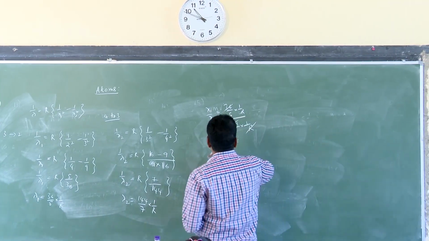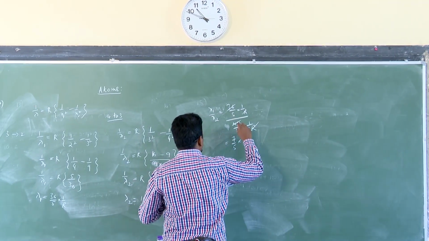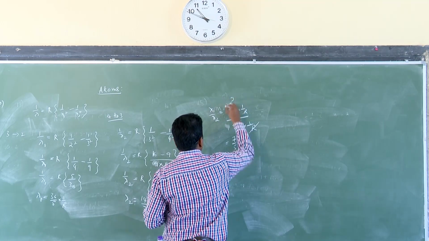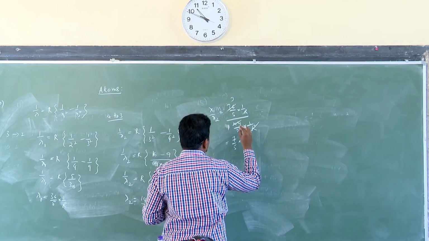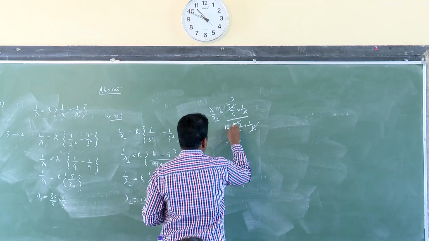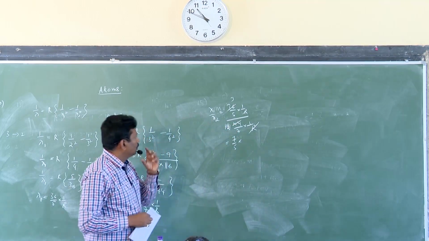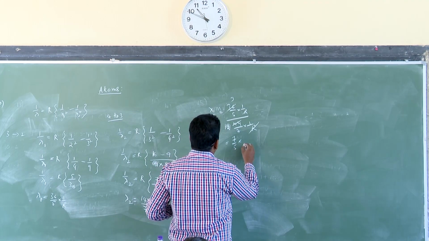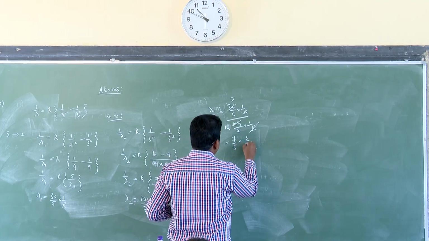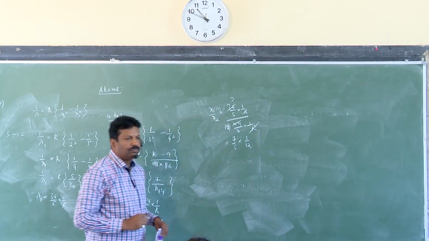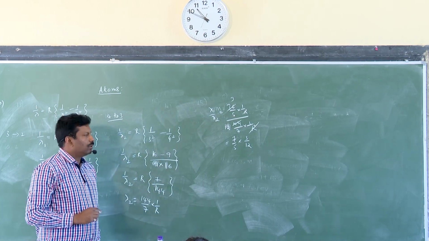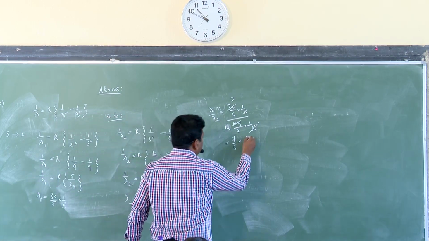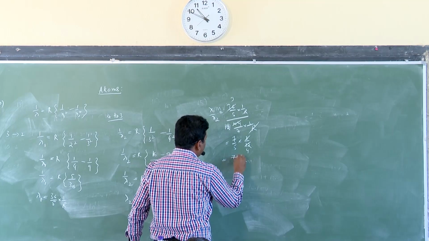Sorry, this will be 12, 3 ones are 3, 3 fours are 12. So what we get is 7 by 20.